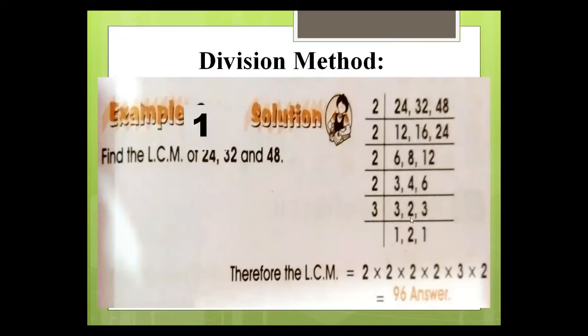After this step, you see that 2 is not divisible by 3, but we take 3 as a divisor because there are two 3s and both are divisible by 3. Here is a condition.